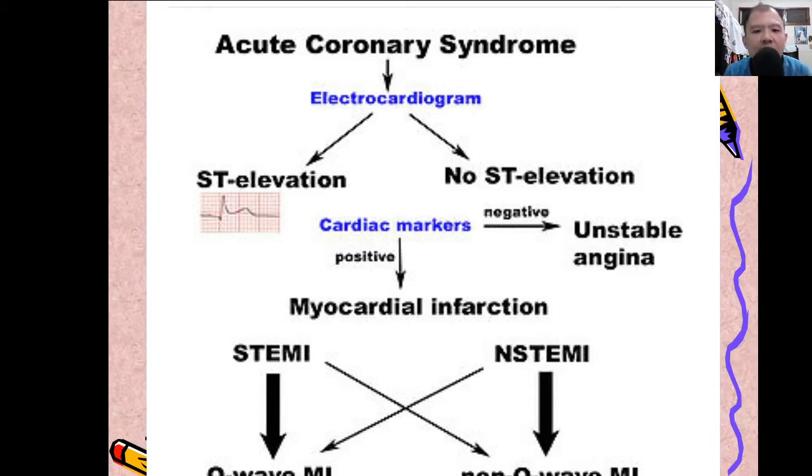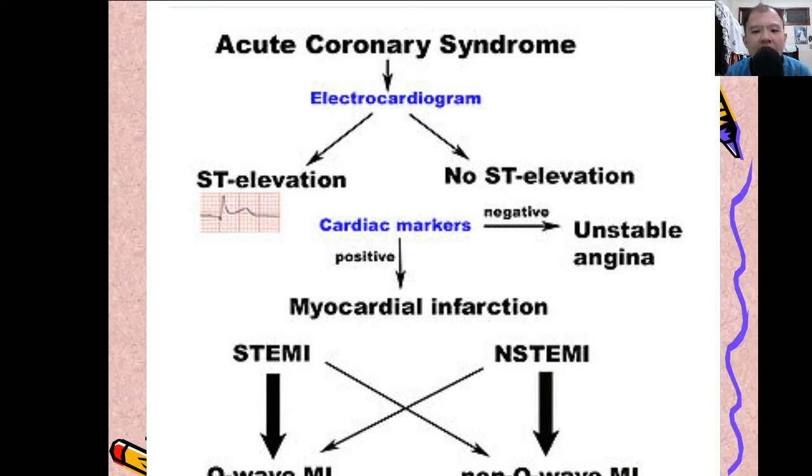So, electrocardiogram and cardiac markers. When the cardiac markers are positive, these already rule in myocardial infarction. Whether there is ST elevation or no ST elevation, there is still myocardial infarction if the markers are positive.